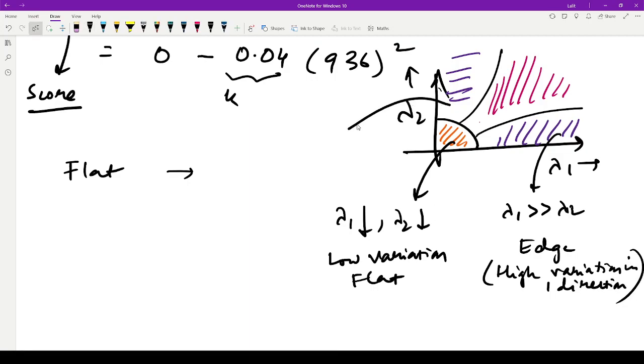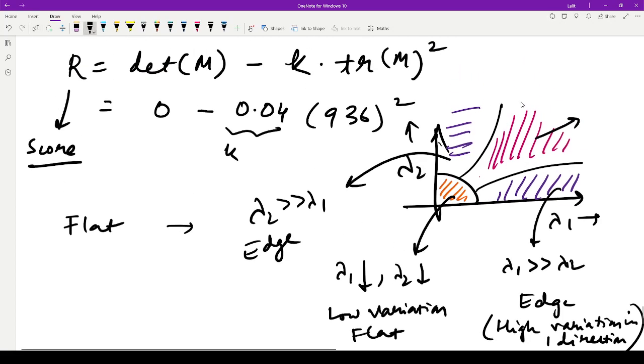Again, this also is an edge for the same reason. And this is where both lambda 1 and lambda 2 are high, which means it's a corner.